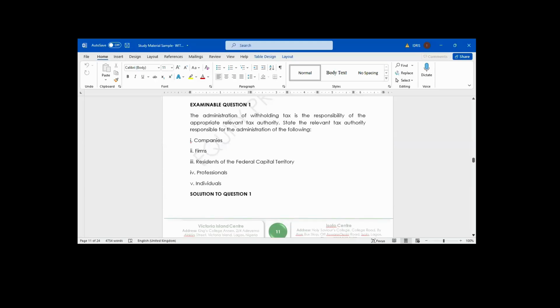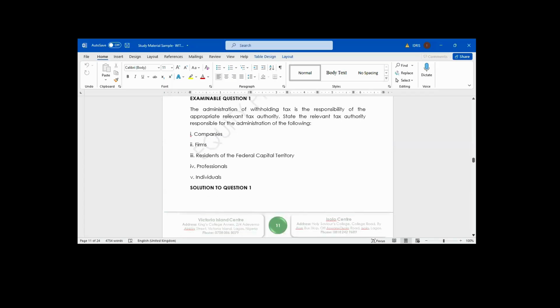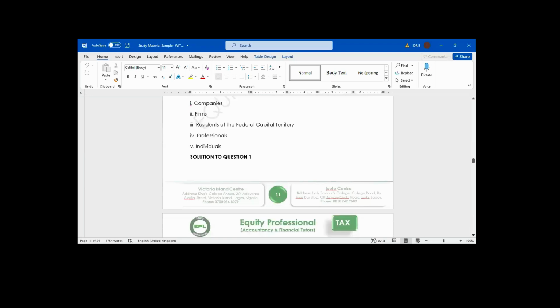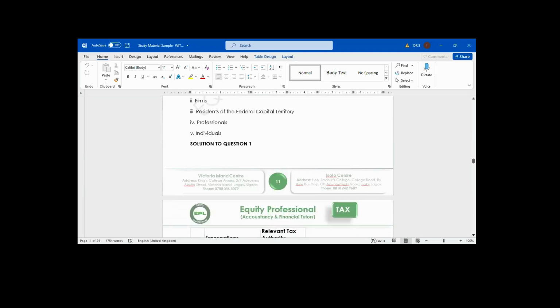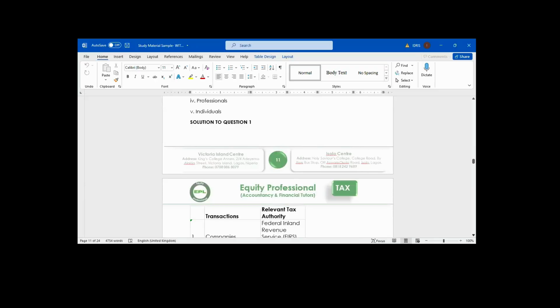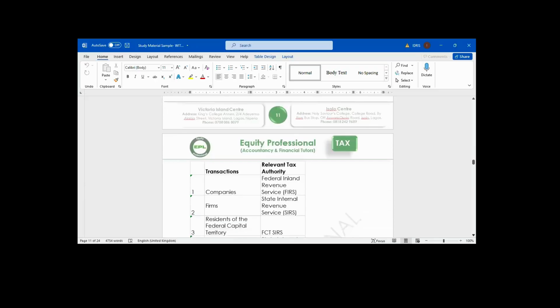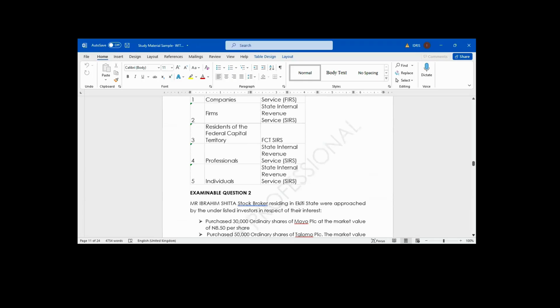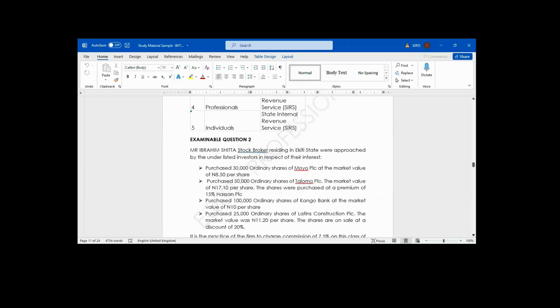Company: Federal Inland Revenue Service. Firm: State Internal Revenue Service. Professional: State Internal Revenue Service. Individual too: State Internal Revenue Service.